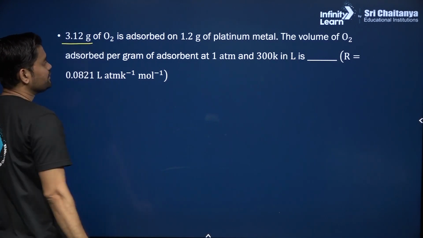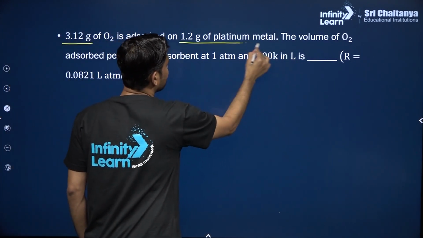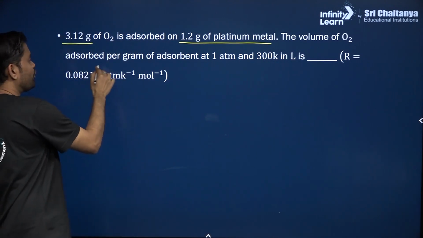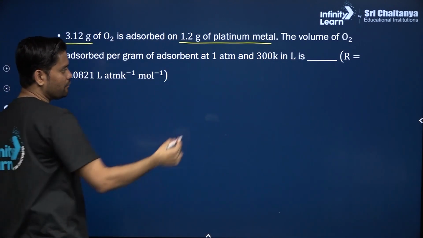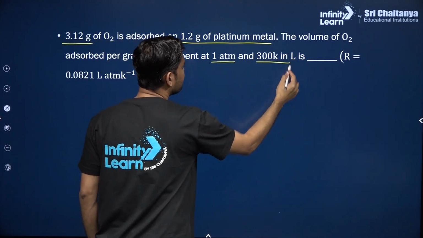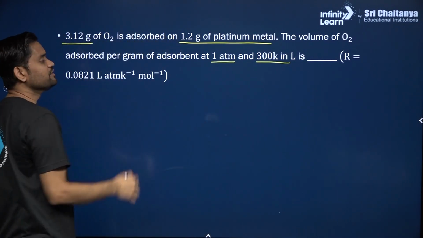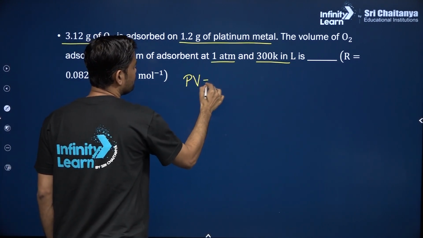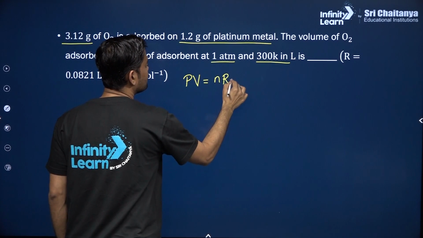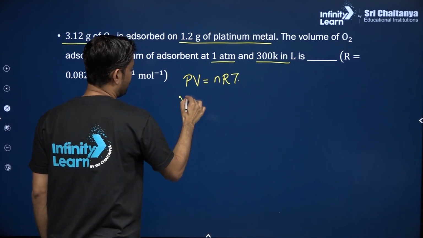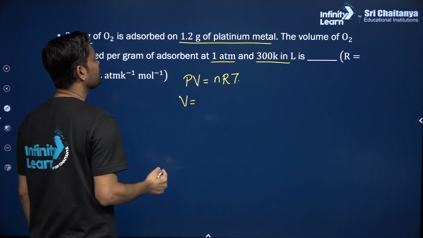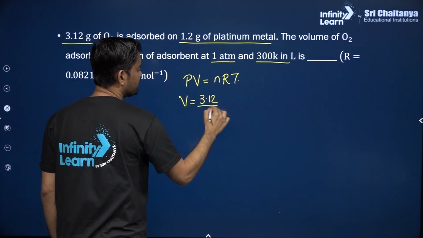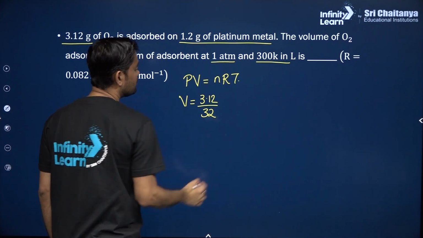3.12 gram of oxygen is adsorbed on 1.2 gram of platinum metal. The volume of oxygen adsorbed per gram of adsorbent at 1 atmospheric pressure and 300 Kelvin in liter is, R value is this much. Simple equation, PV equal to nRT. Volume we need to know. What we have is number of moles, that is 3.12 gram by 32 grams molecular weight.